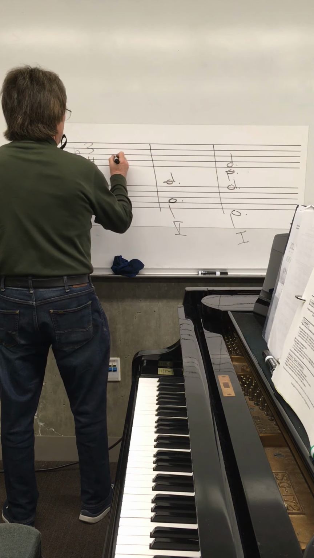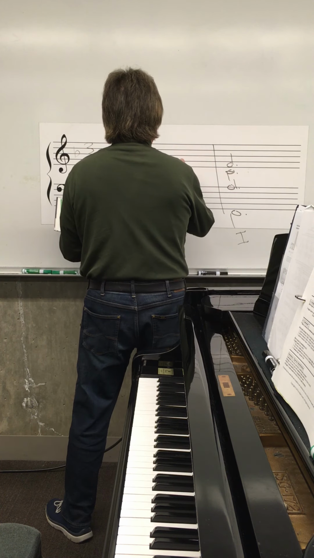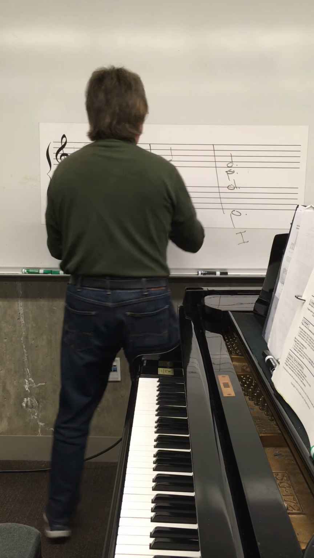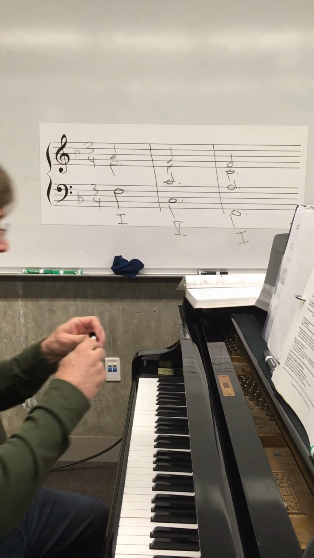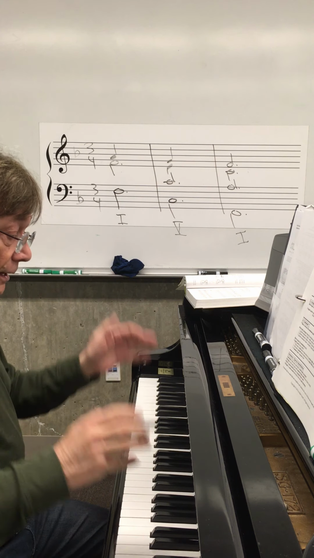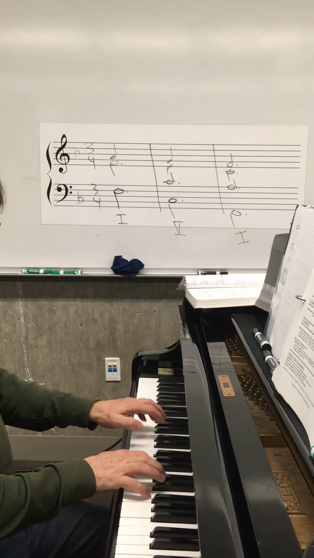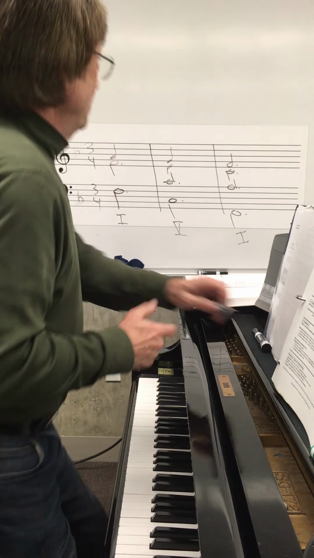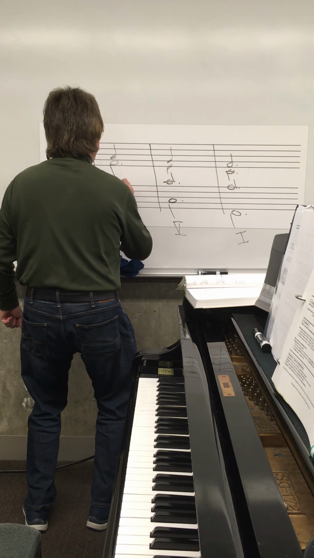Okay, now I'm going to put an A here as a quarter note for right now, and I'm going to put an E and a G in the alto and soprano as a quarter note. So this is what I would have as an unembellished cadence. Actually, I need a C in the tenor.